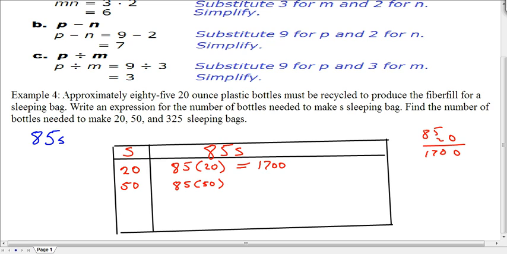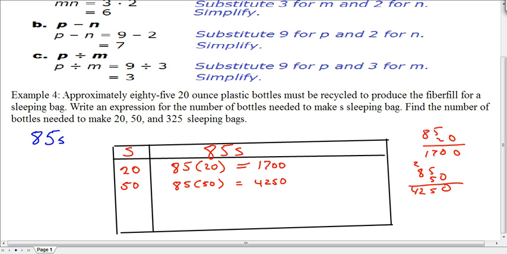So again, let's do our math. So here we have 85 times 50. That will give us 4,250.